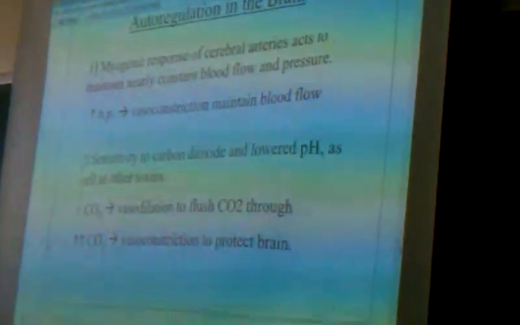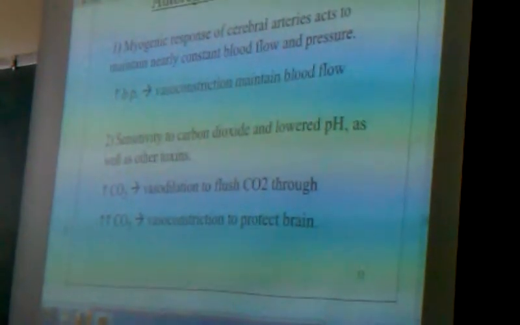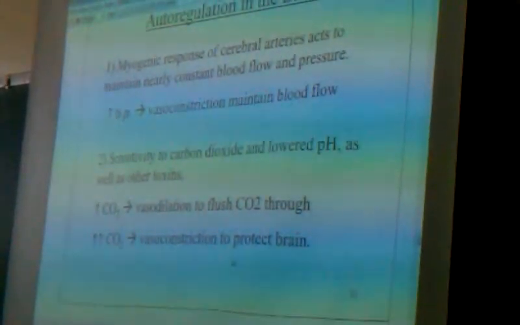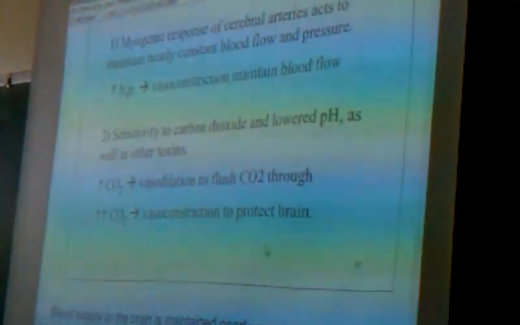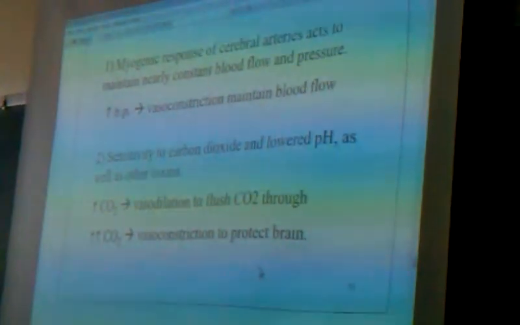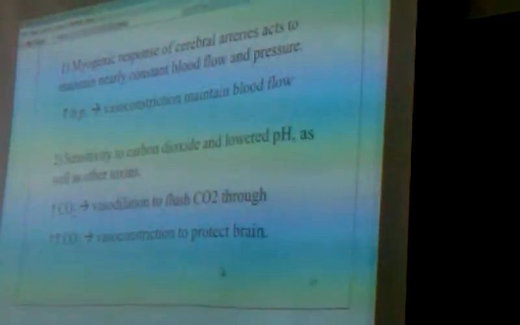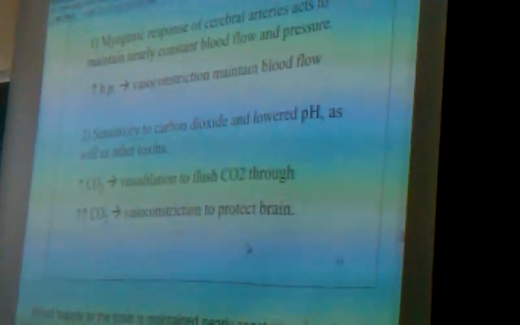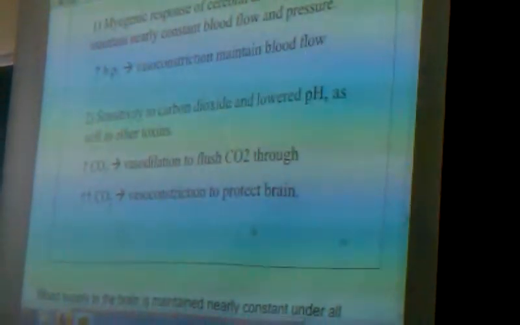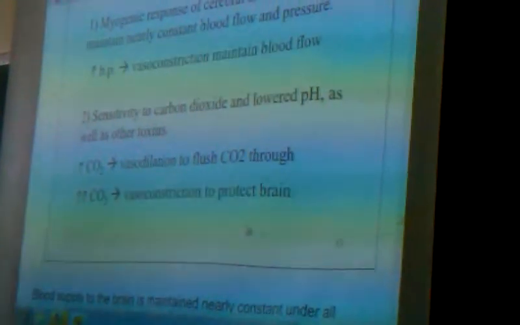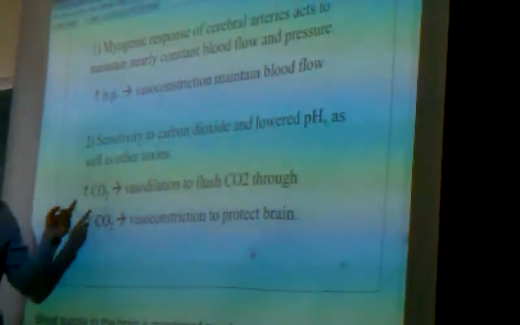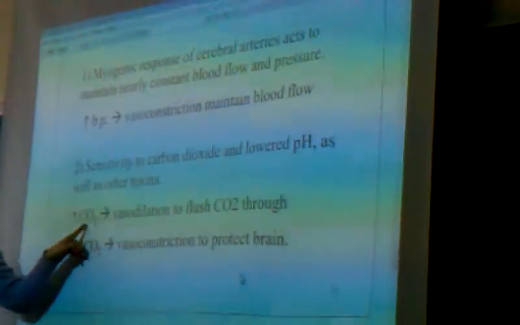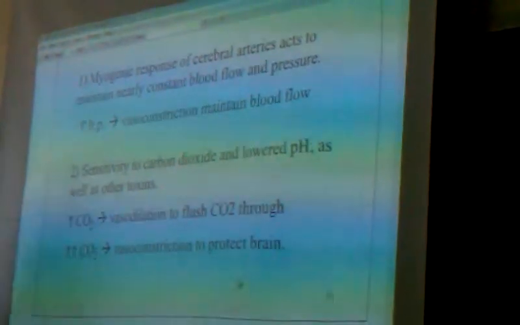The effect of increased carbon dioxide in the brain also has an effect, but it's strange how increased carbon dioxide acts. When there is a small increase of carbon dioxide, you're just having reduced blood flow, and carbon dioxide is just starting to build up, well then your vessels will dilate to try and flush out that carbon dioxide and bring in fresh oxygen.